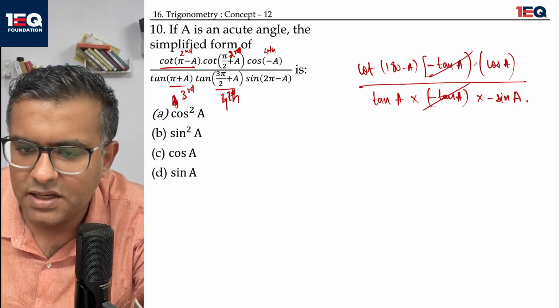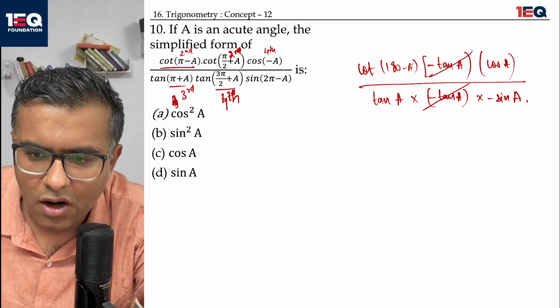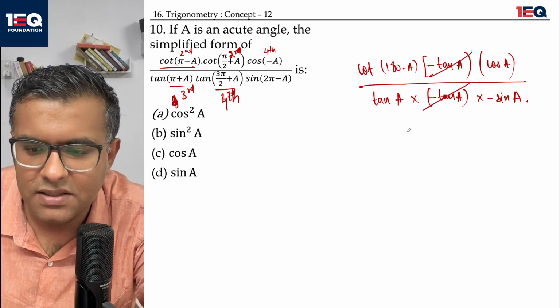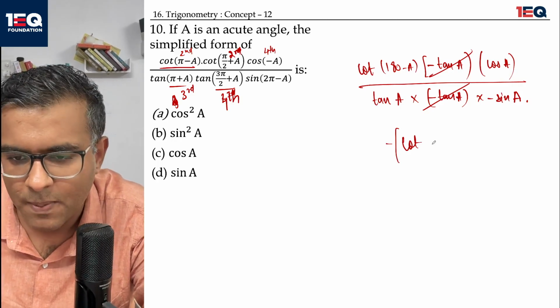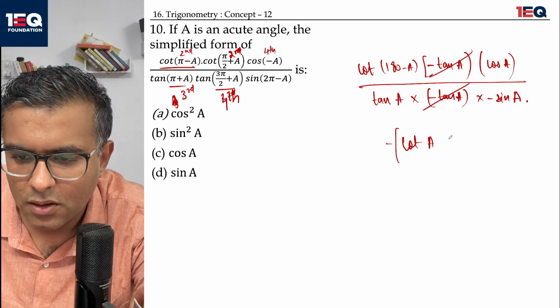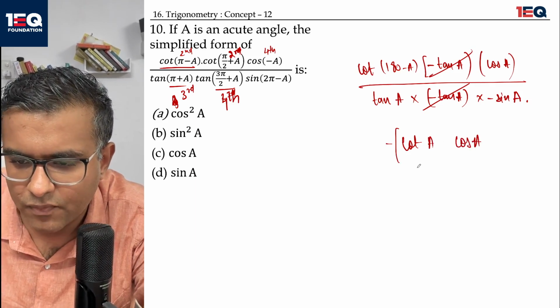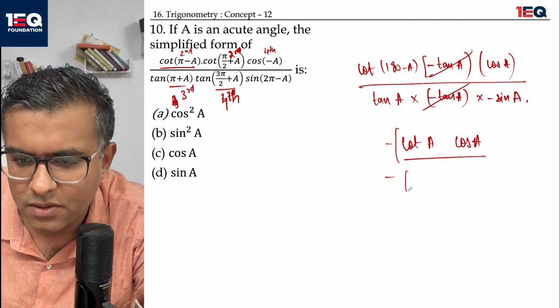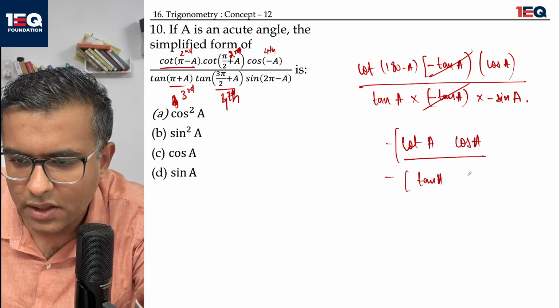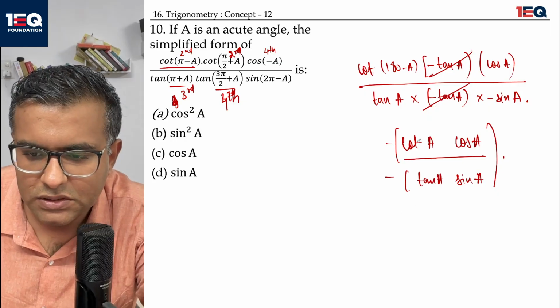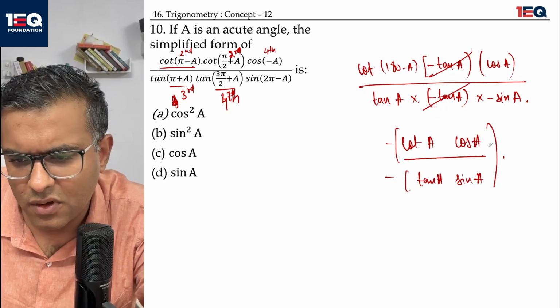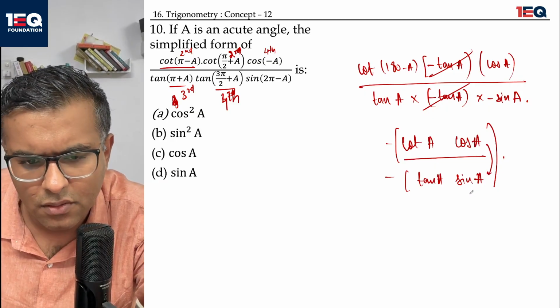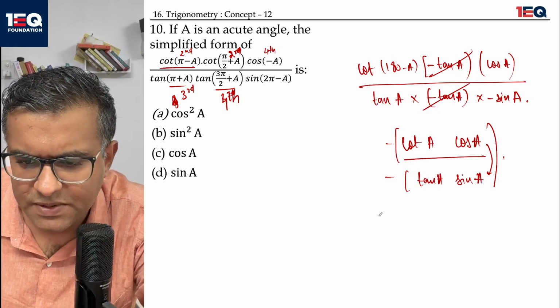Minus tan A would get cancelled. Cot 180 minus A would convert itself into minus cot A because we are talking about the second quadrant here. Cot A multiplied by cos A whole upon, the minus would come in common here as well, tan A into sin A. Let me break it down to the most simple form.